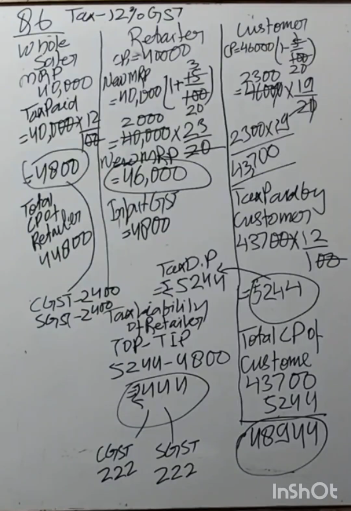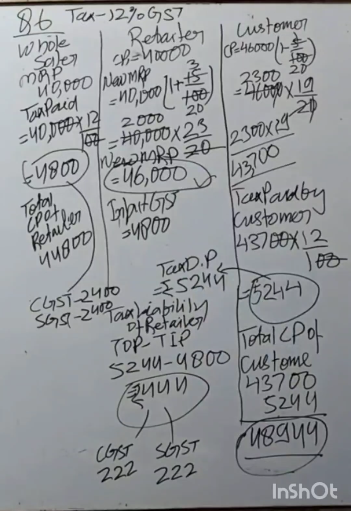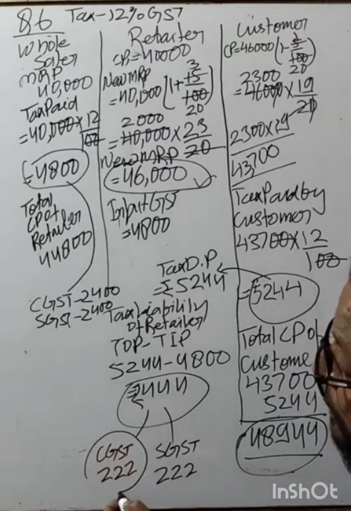The amount which the consumer pays for the TV is 48,944 rupees. Yes, correct. So that's fine too. Tax under GST paid by the retailer to the central government: 222 rupees.